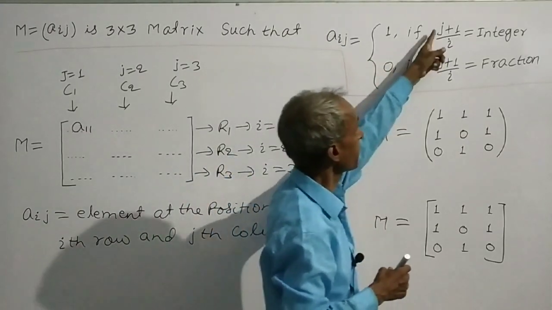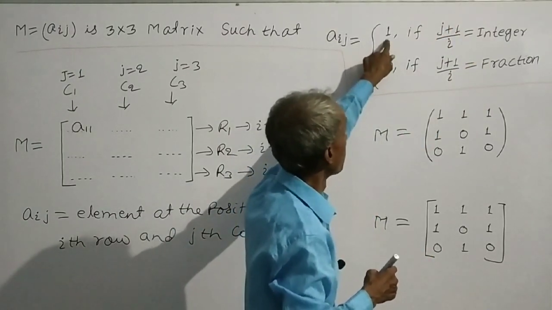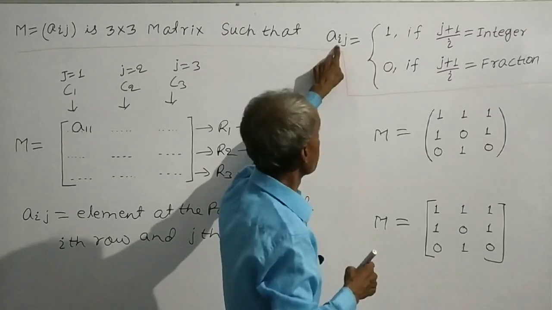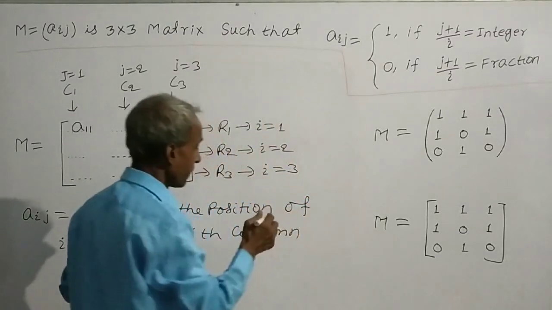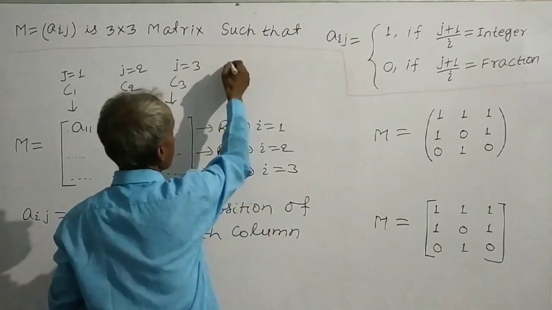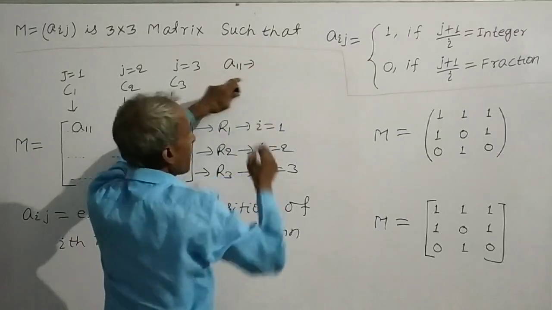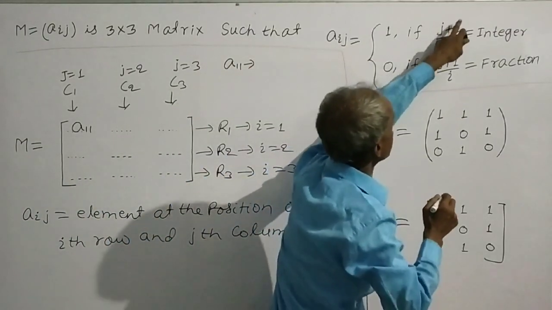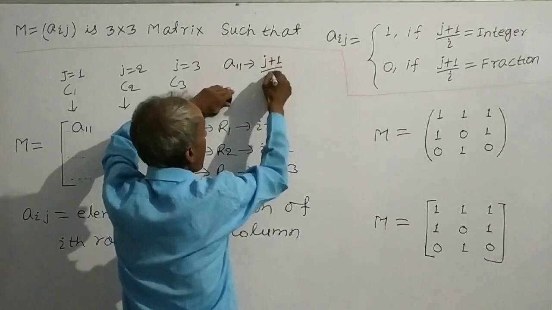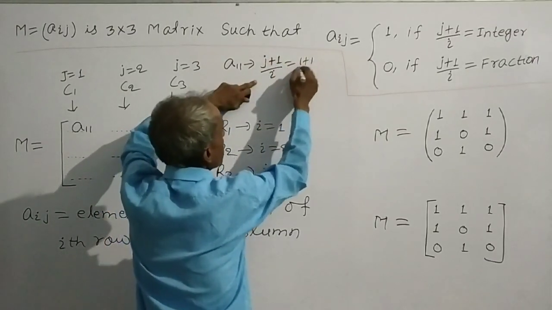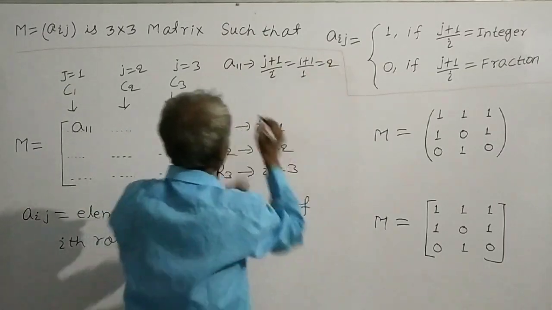This says that if (j + 1)/i is an integer, then Aij will be 1. We put 1 in place of i and 1 in place of j, then A11 can be calculated by (j + 1)/i. (j + 1)/i is equal to (1 + 1)/1, that is equal to 2, which is an integer.